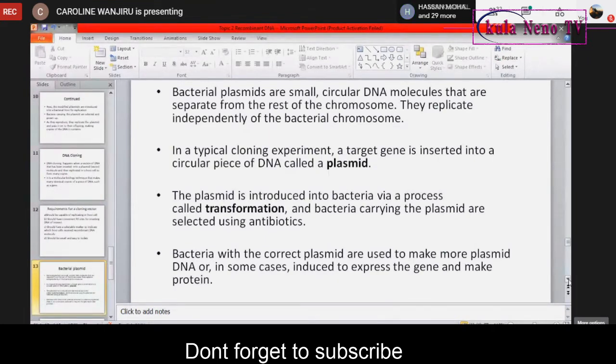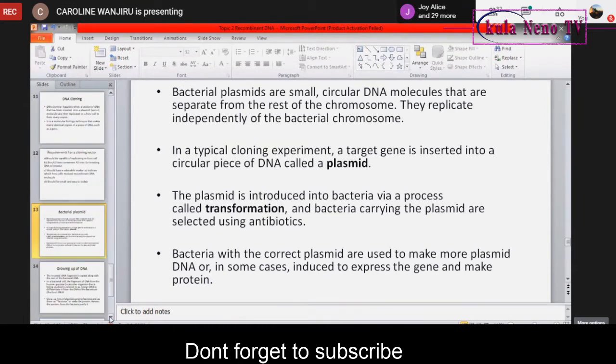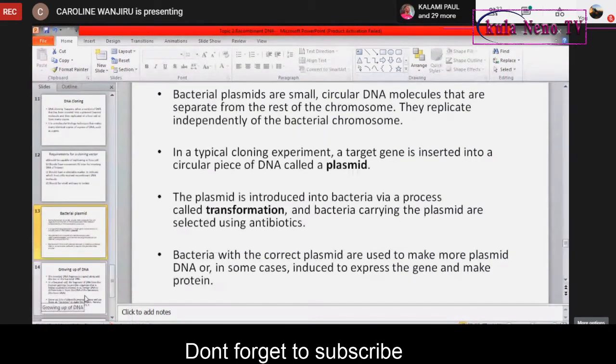And in this case, they are saying you can select them using antibiotics. Probably we'll get into that, maybe not in this lesson. But you should be able to do that so that finally you can do whatever it is you want to do with the genes. What do you want to do with the genes? Do you want to make proteins? Then if you want to do that, then go ahead.